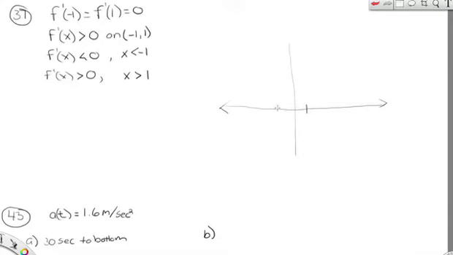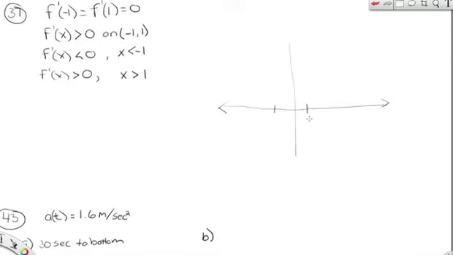At -1 and +1, I know I have a slope of 0. So I'm gonna pick a point right up here. Alright. It says from -1 to +1 on this interval, my slopes are positive. So that means from wherever I am at -1, I have to have positive slopes to get up to where I am at 1.